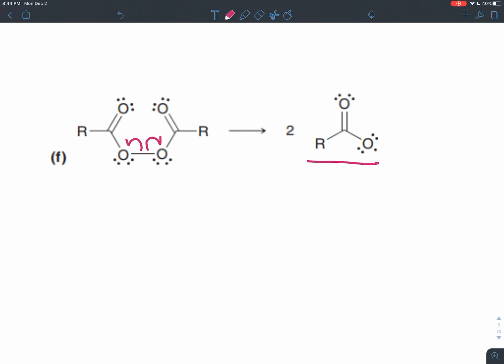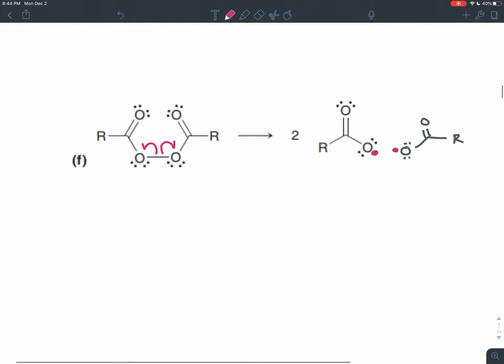And that will give you this molecule twice. Once on the left, and again on the right. That's what this 2 is saying, that you have two of these. Notice these are really the same, so you have two of them. And you'll notice they're both radicals. They both have those unpaired electrons, so they're really reactive.